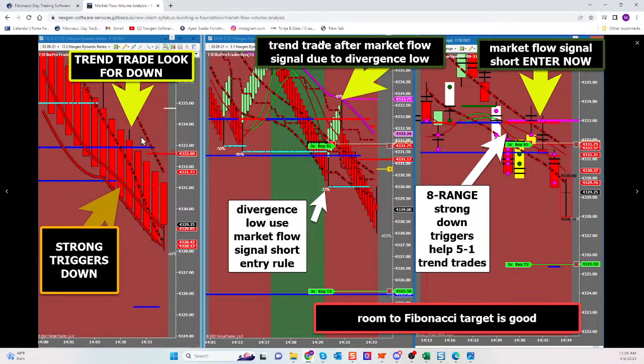So, Sophia, here's a great way. Odds favorable, right? 50-50 trade. Divergence on the low says, you know what? I want a little bit of confirmation. As it pulls back to the area inside of favorable large triggers, you can see that I get one of those yellow reversal bars right from the area. But I'm not in at 33.